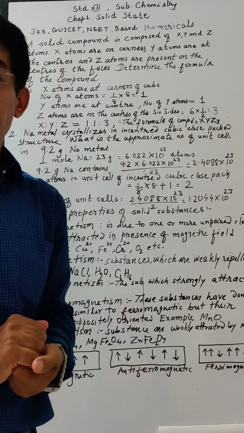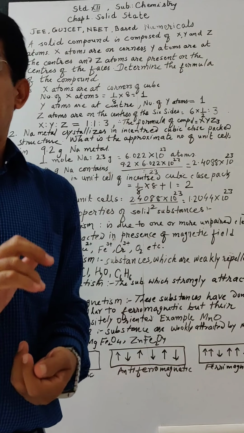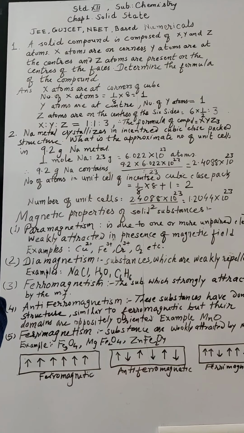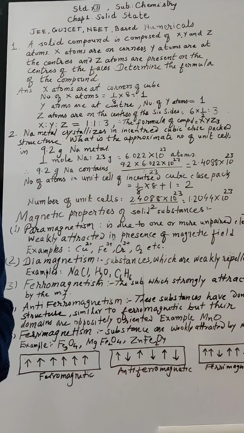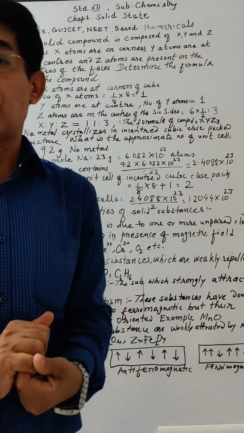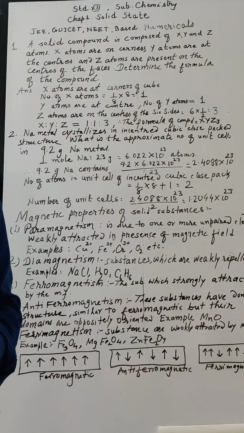Next property, ferrimagnetism. In these substances, the net magnetic moment is small due to unequal number of magnetic moment of domain aligned in the parallel and anti-parallel direction.